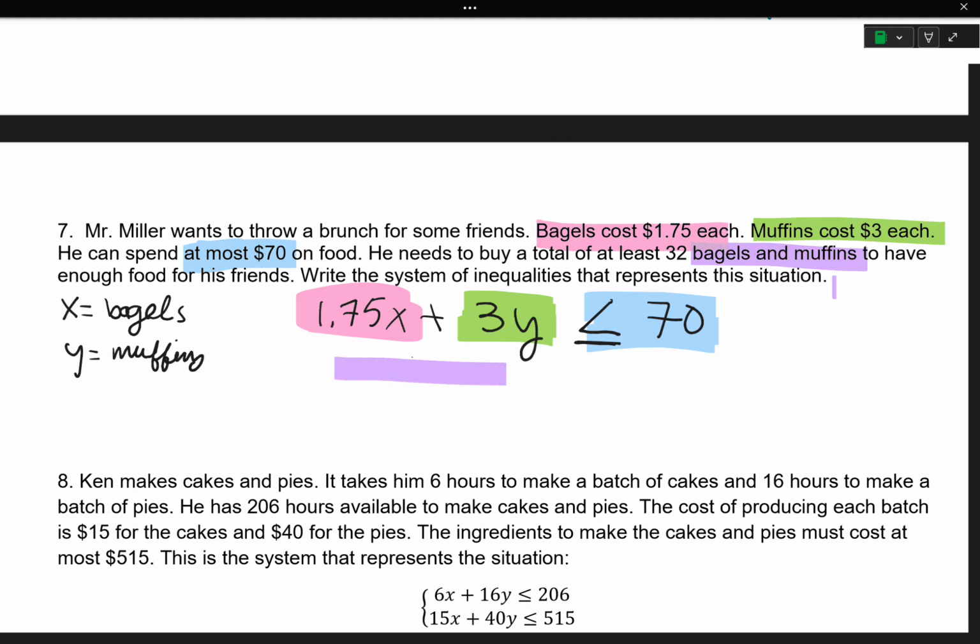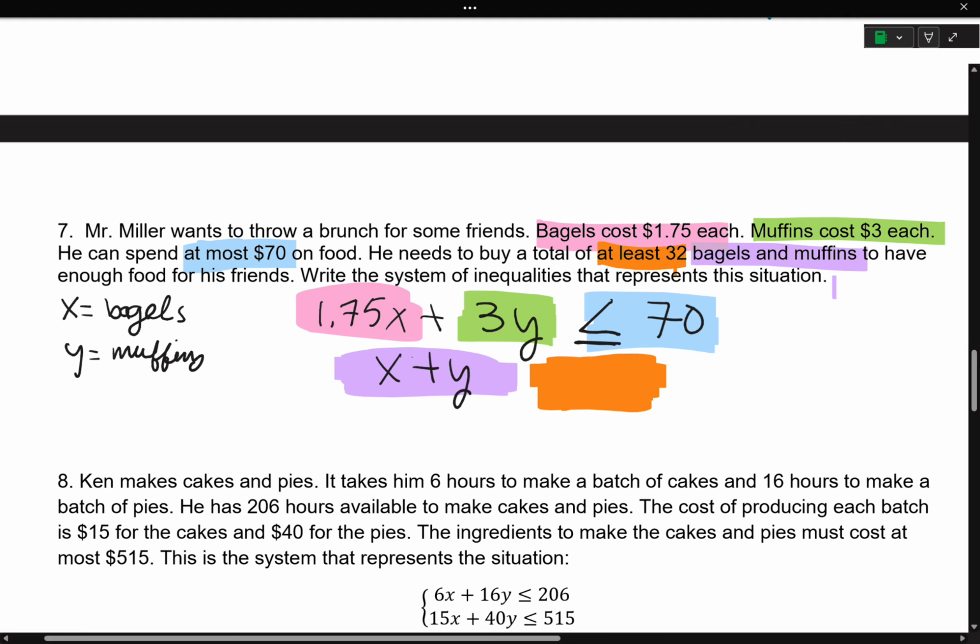Bagels and muffins. The way we write bagels and muffins in math is x plus y, because that's what bagels and muffins are. He can buy a total of at least 32 bagels. So we know there has to be a symbol and then a 32. Well, let's think about it.